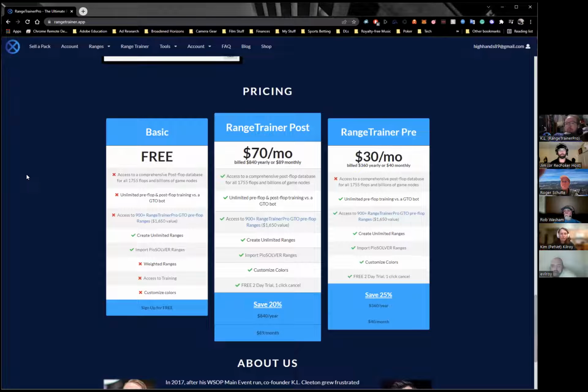Now somebody asked about multi-way situations. Let me answer that in two parts. No, it does not do multi-way right now, but it is something we are actively working on. Right now, the limitation is on the solver technology.